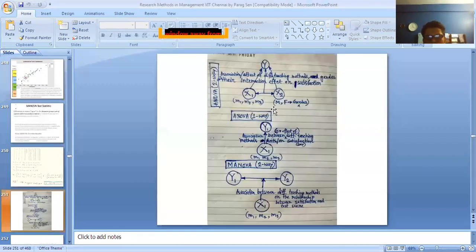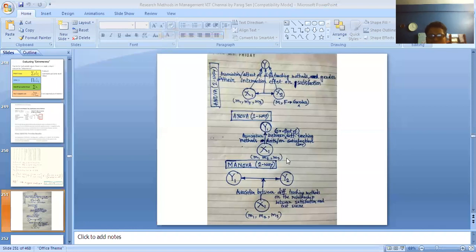You can see here that in case of one-way ANOVA, you had one dependent variable and one independent variable, and you are trying to find out the association between, suppose for example, your x1 or your independent variable is different types of teaching methods. Suppose M1, M2 and M3. And suppose your dependent variable is a test score.